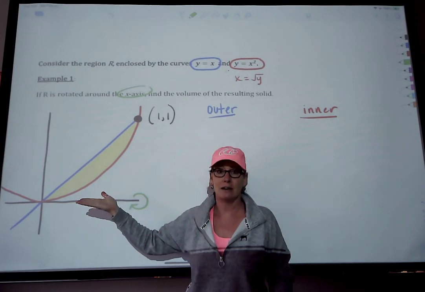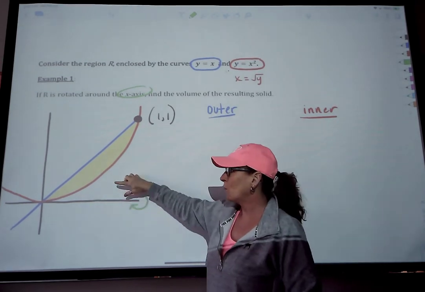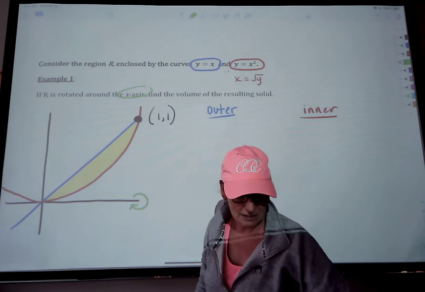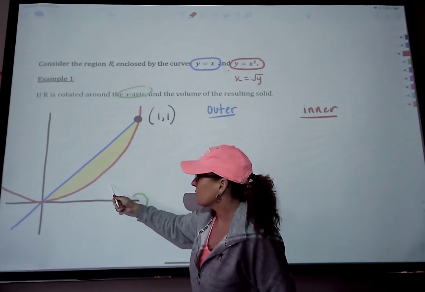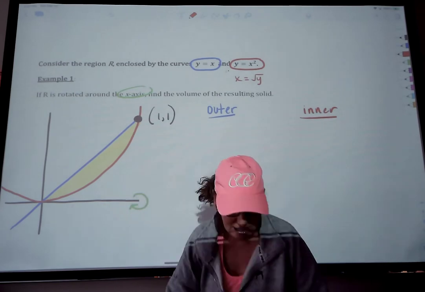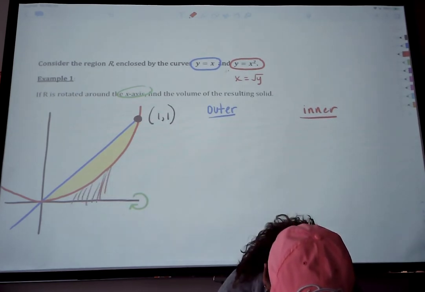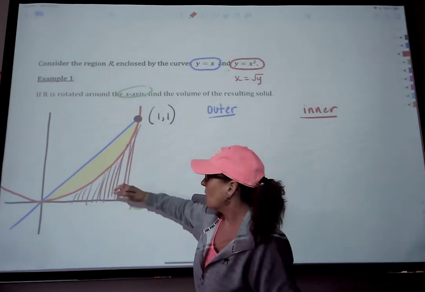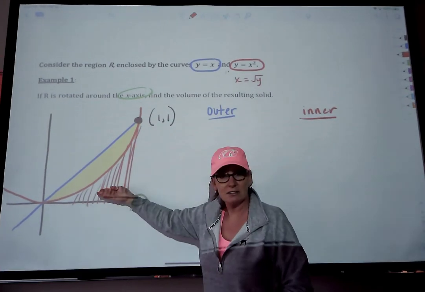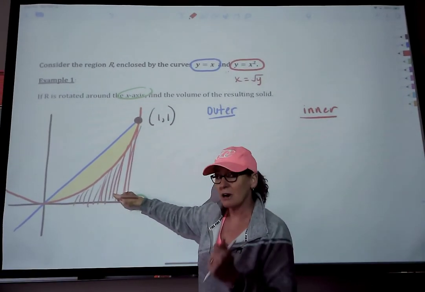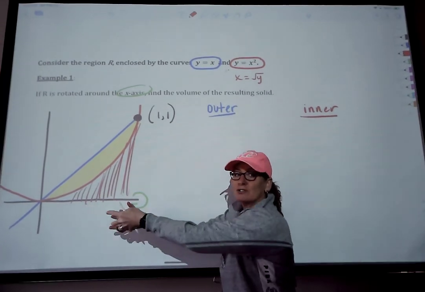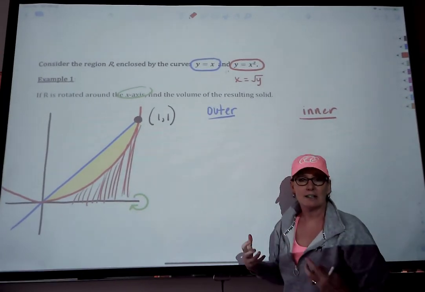And then we take the red function and send it around the x-axis. Now keep in mind, when I send the red function around the x-axis, I'm sending all of this around the x-axis. And we're going to find the volume of the red, and we're going to scoop it out to create a bowl.